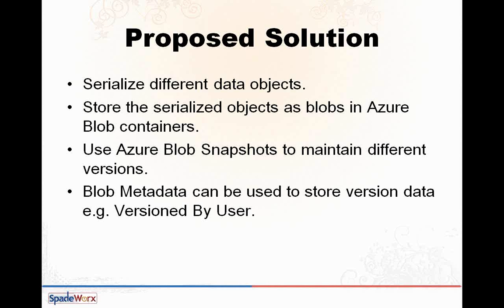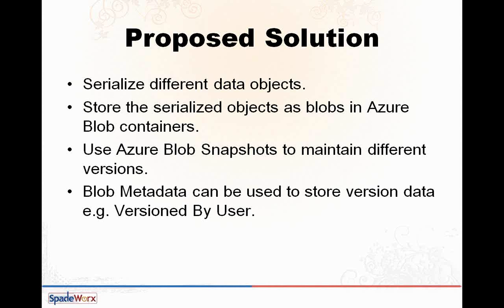Then splitting the data into multiple rows and multiple columns was also a problem, since each property of a storage table cannot be more than 64 KB. We also considered using local fat entities, but the solution was coming out to be pretty complex.